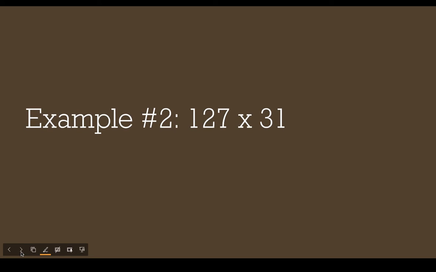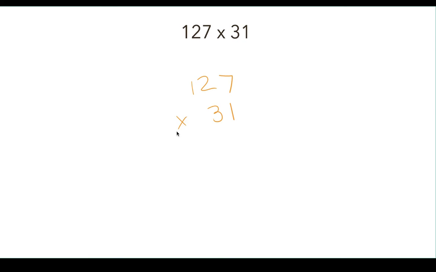Example number 2, 127 times 31. Okay, so now we have a 3-digit by 2-digit equation. It's not much different.